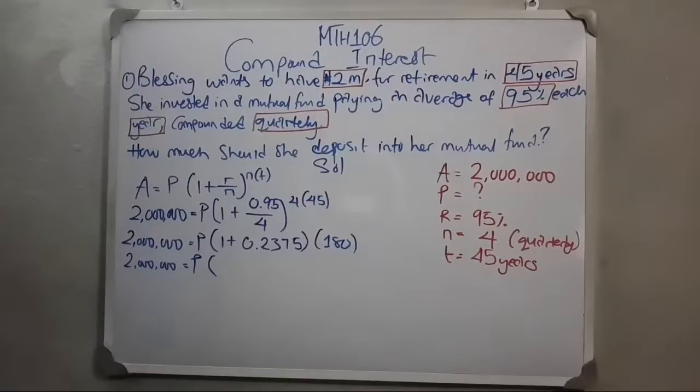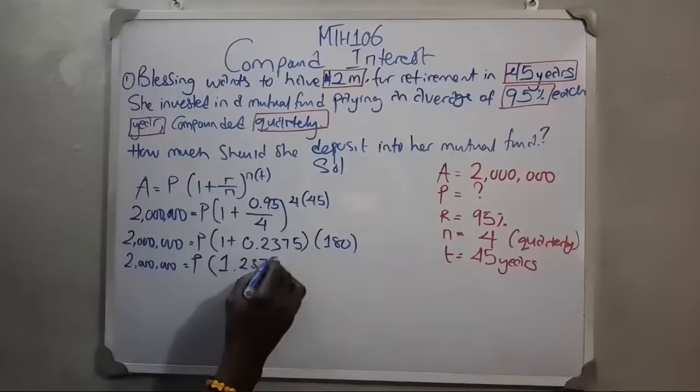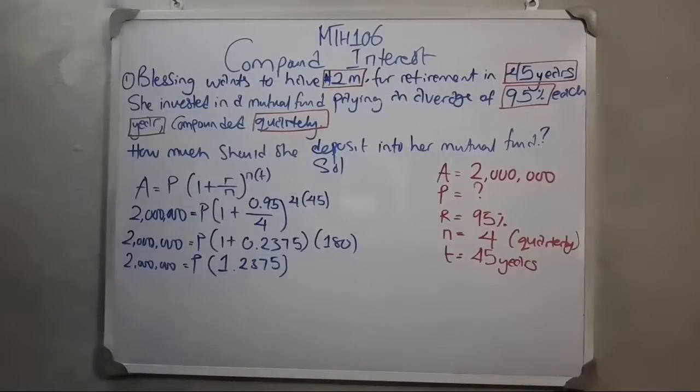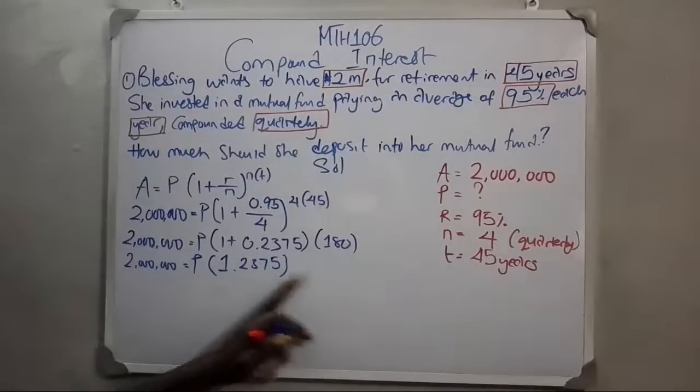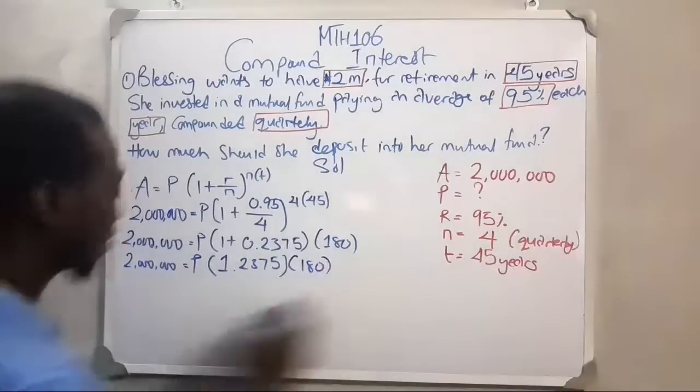So we have 1 plus 0.2375, this is 1.2375. So 1.2375 multiplied by 180 is giving us the answer.